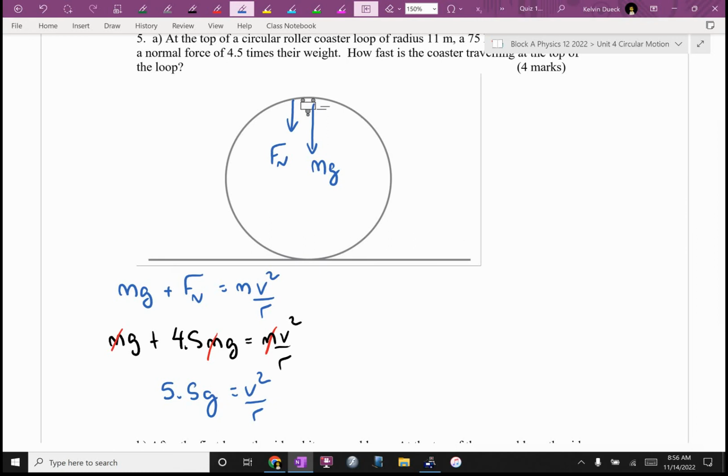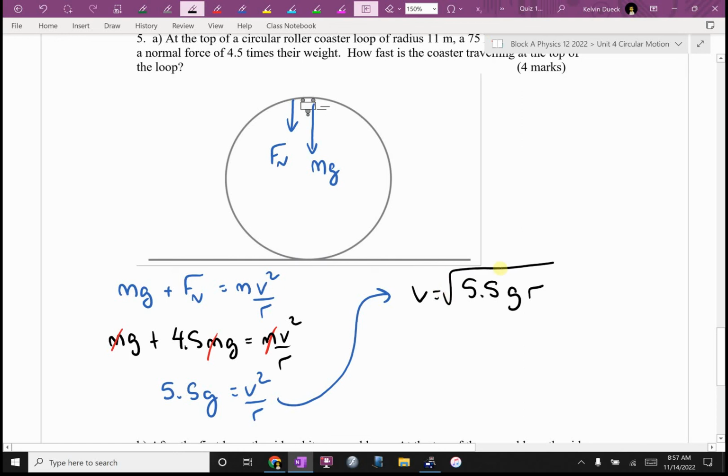And I smiled because I saw I was getting a square root of GR and other stuff, but I was like, I'm probably doing this right. So I went, okay, r is going to be 5.5 r, Mr. Dewick, v, getting the v by itself, it's going to be 5.5 GR square root. So I went, I'm probably on the right track.